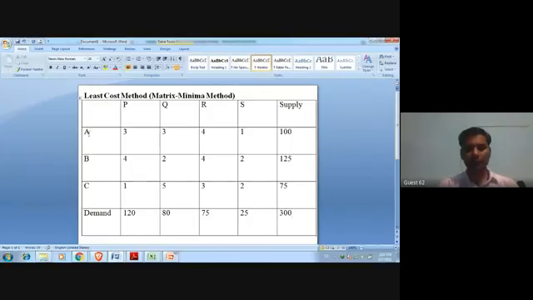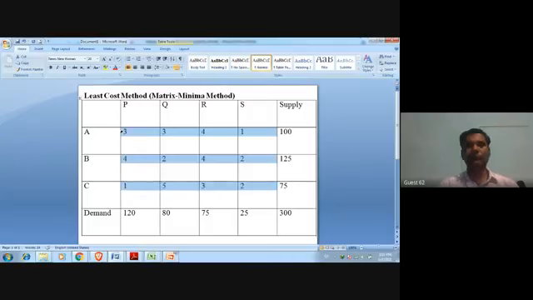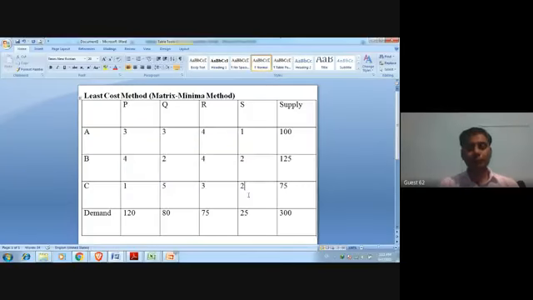This is our first row A, second row B, and third row C. First column P, second column Q, third column R, and fourth column S. Among all these unit costs, I am looking for which unit cost is minimum. Here we have two cells that have the minimum unit cost. The first one is this, and the second one is this.